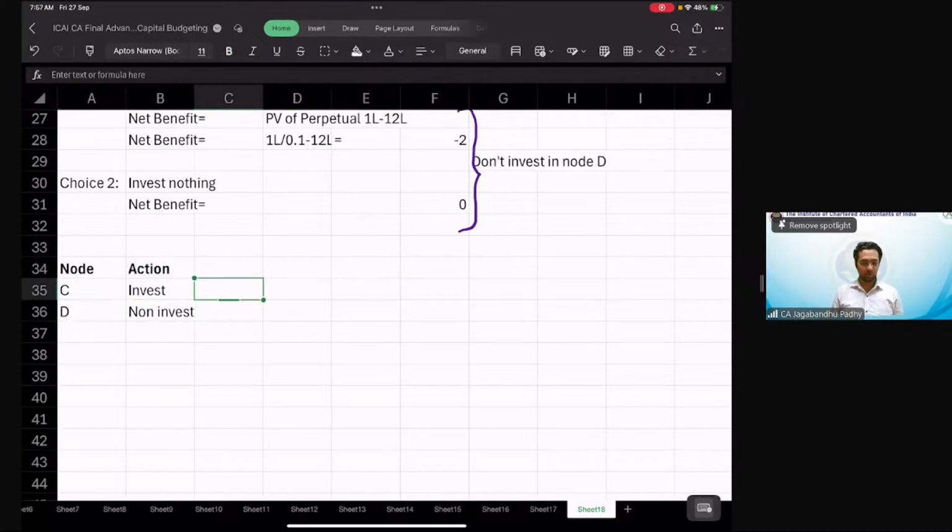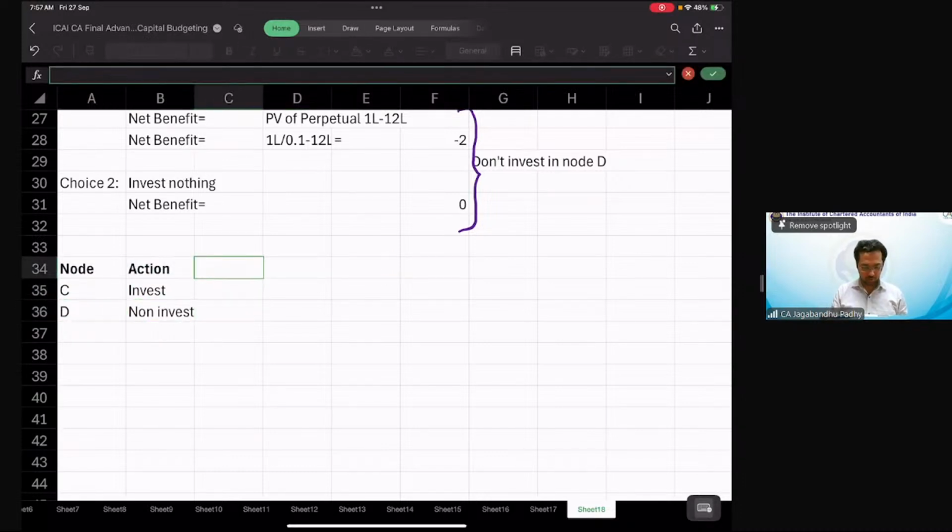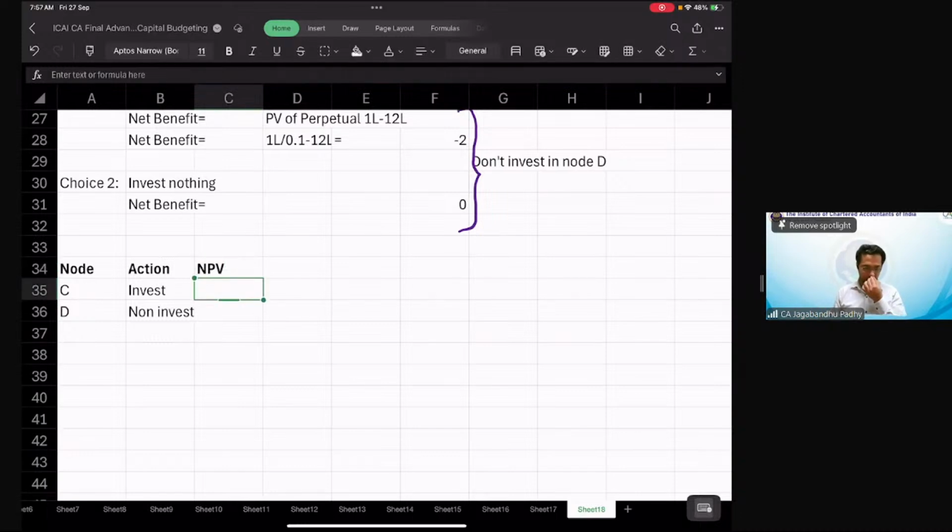Now, what is the NPV? What is the net benefit that we have? Being at node C, we have got a net benefit of 20, right? And being at D, the net benefit is going to be 0.